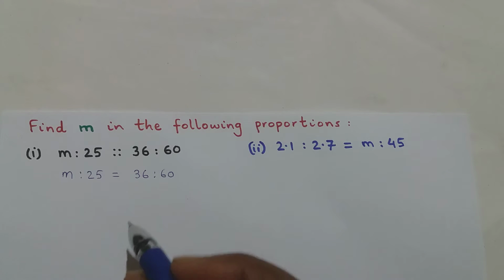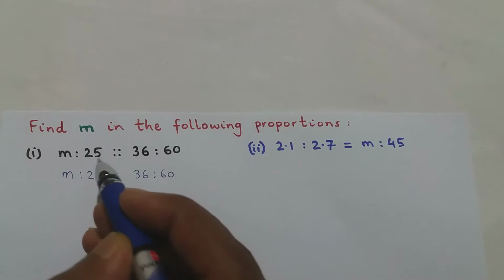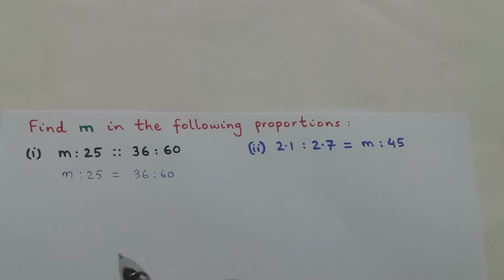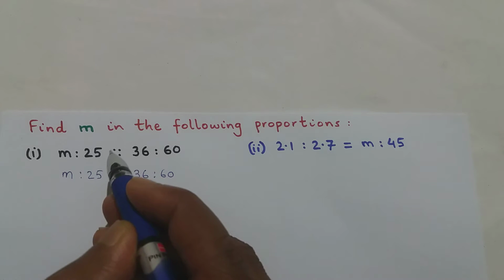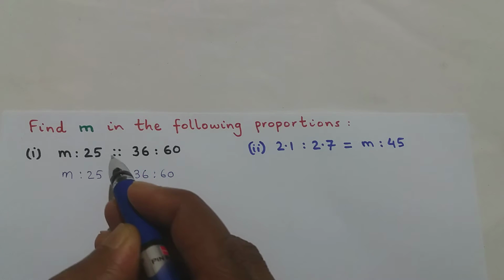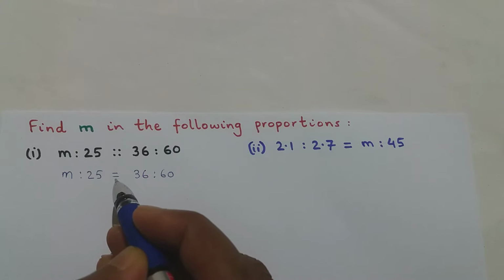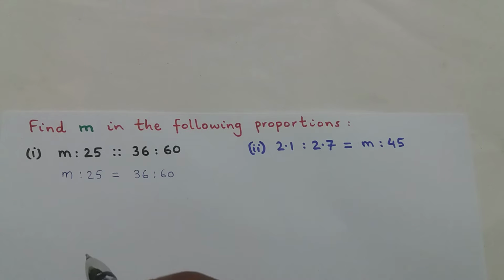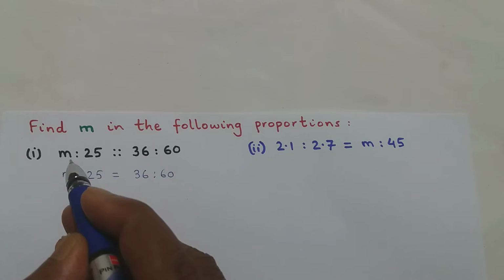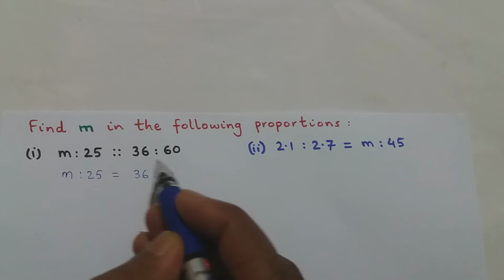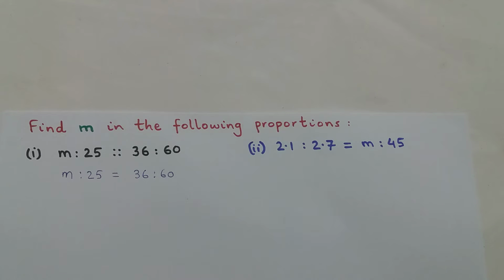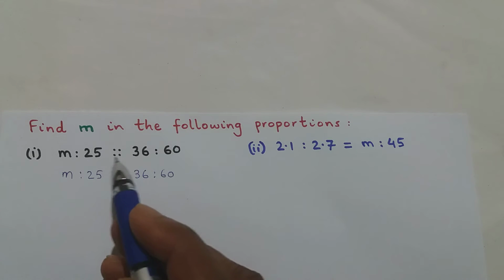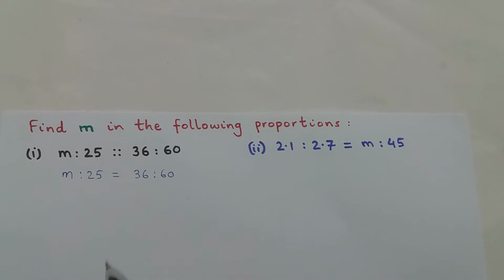So we know that two ratios are in proportion when they are equal to each other. So therefore I can replace this proportionality symbol with an equal to symbol.